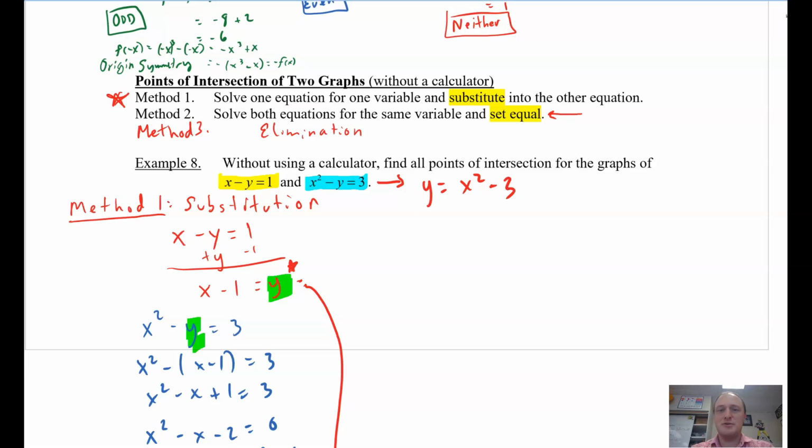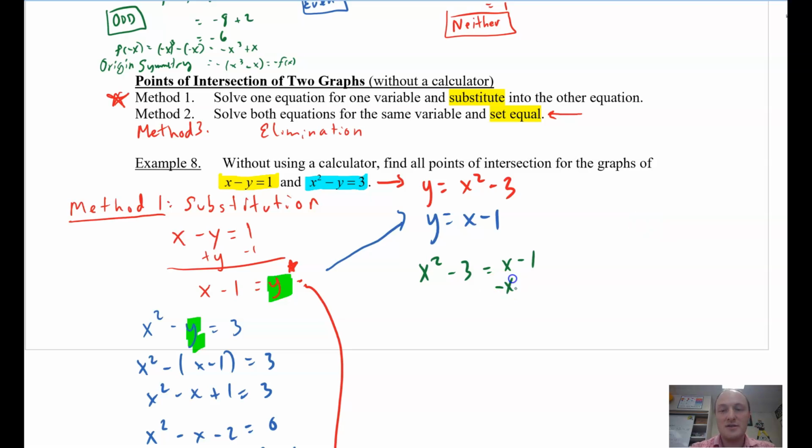And from this equation, y is equal to x minus 1. They're both equal to y, which means they must be equal to each other. So I can set them equal: x squared minus 3 is equal to x minus 1. And we'll solve.